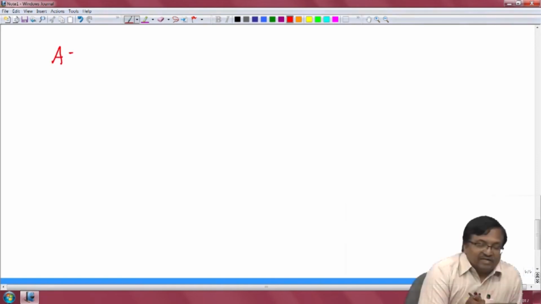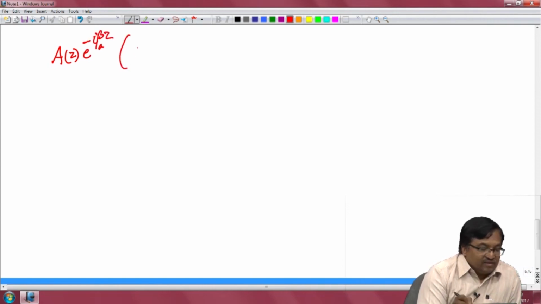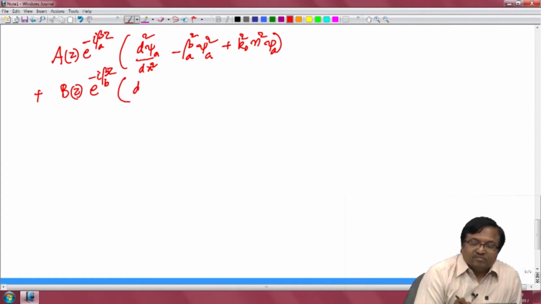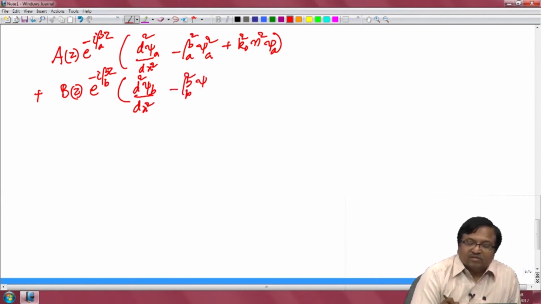When we substitute A of z into e power minus i beta a z multiplying d square psi a by dx square minus beta a square psi a plus k 0 square n square of psi a, and the other factor B of z, e power minus i beta b z, d square psi b by dx square minus beta b square psi b plus k 0 square n square psi b.